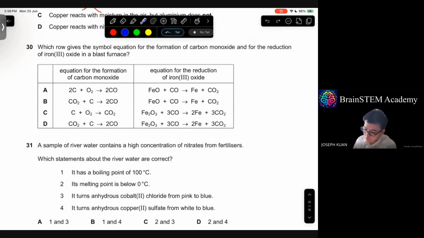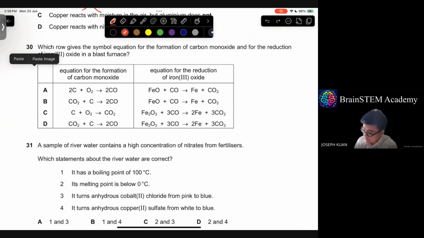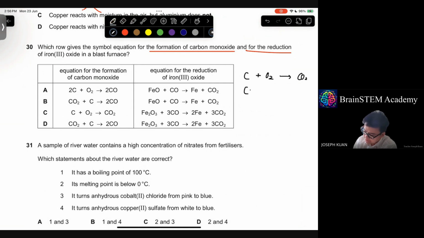30. Which row gives the symbol equation for the formation of carbon monoxide and for the reduction of iron(III) oxide in the blast furnace? Now, this is a three-step process. First, we add coke into the blast furnace. It reacts with the hot air to form carbon dioxide. After that, this carbon dioxide will react with more coke to form carbon monoxide.